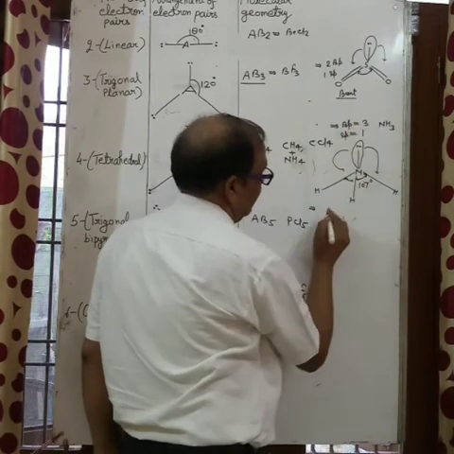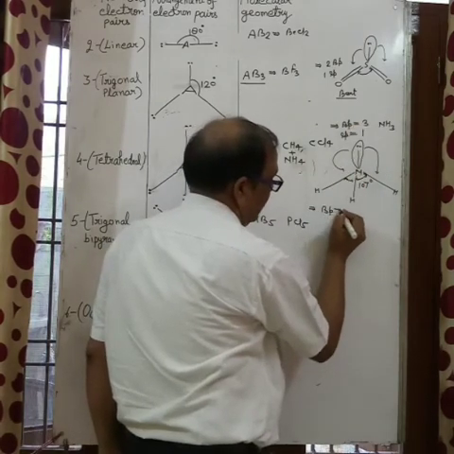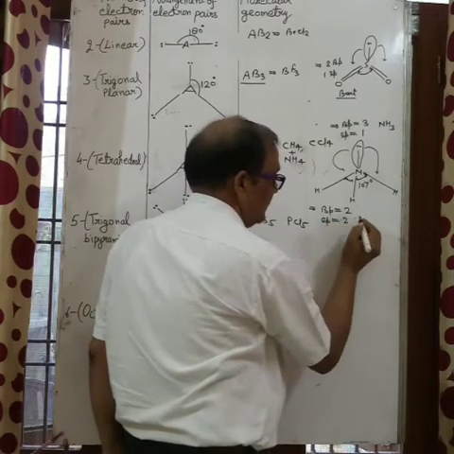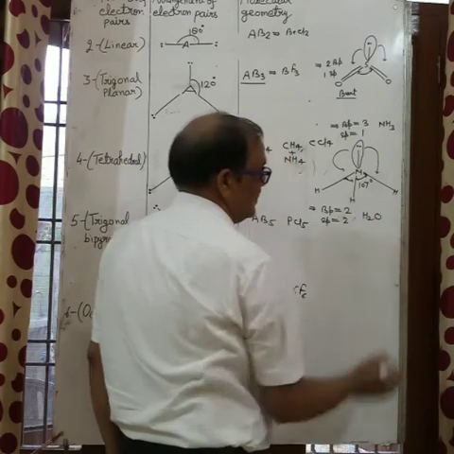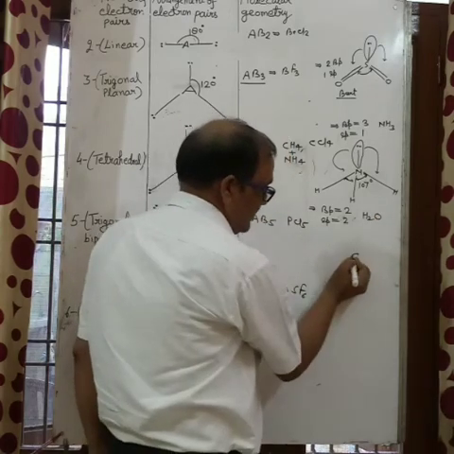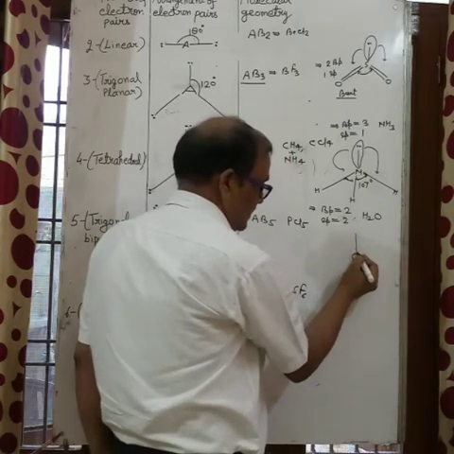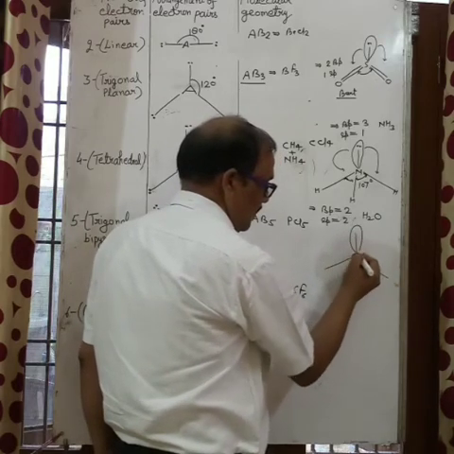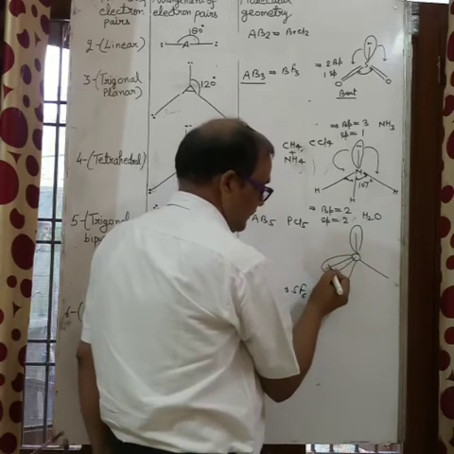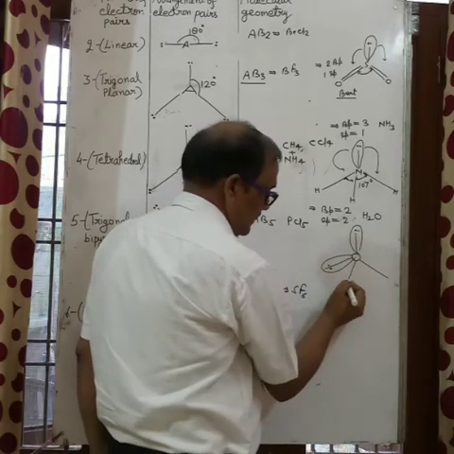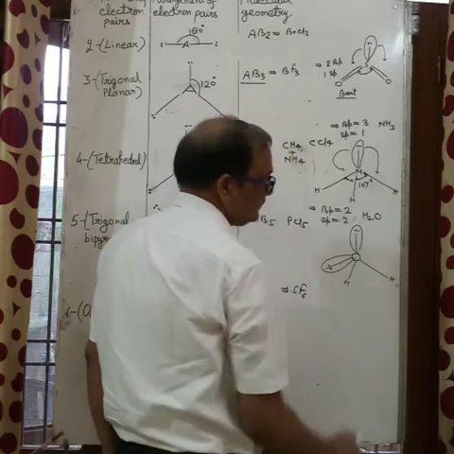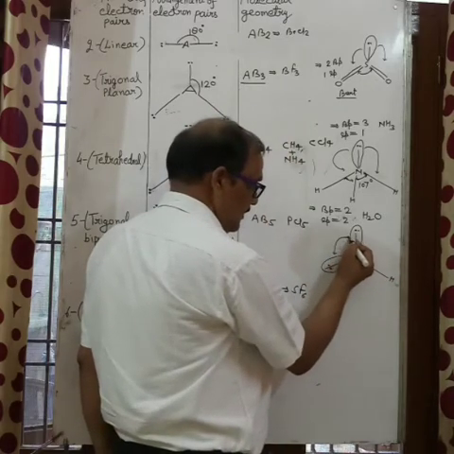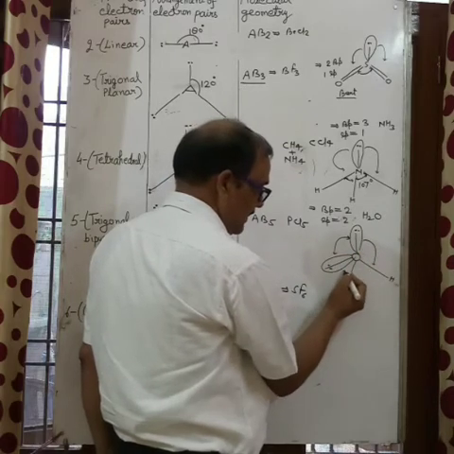Next example, if they contain number of bond pairs 2 and lone pairs 2. For example, H2O, the central atom is oxygen and there are 2 lone pairs and 2 bond pairs. And there is a maximum repulsion between lone pair and lone pair, then lone pair and bond pair.